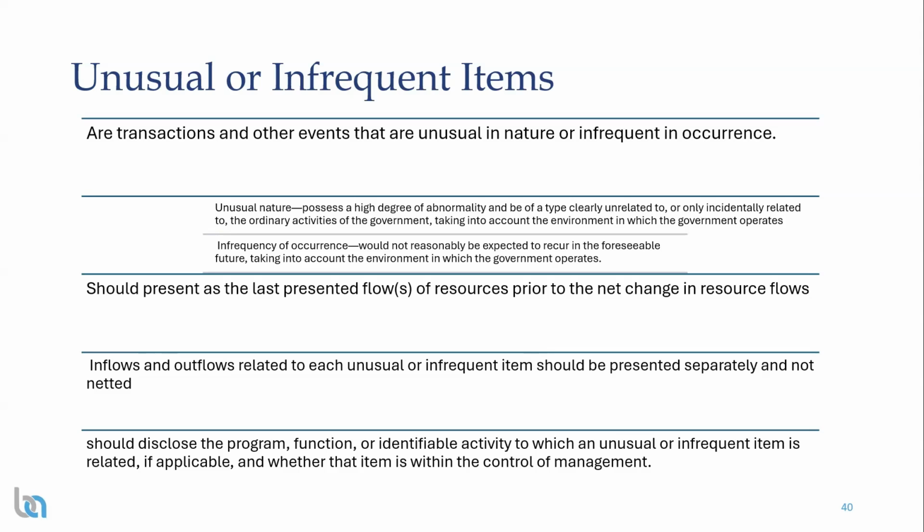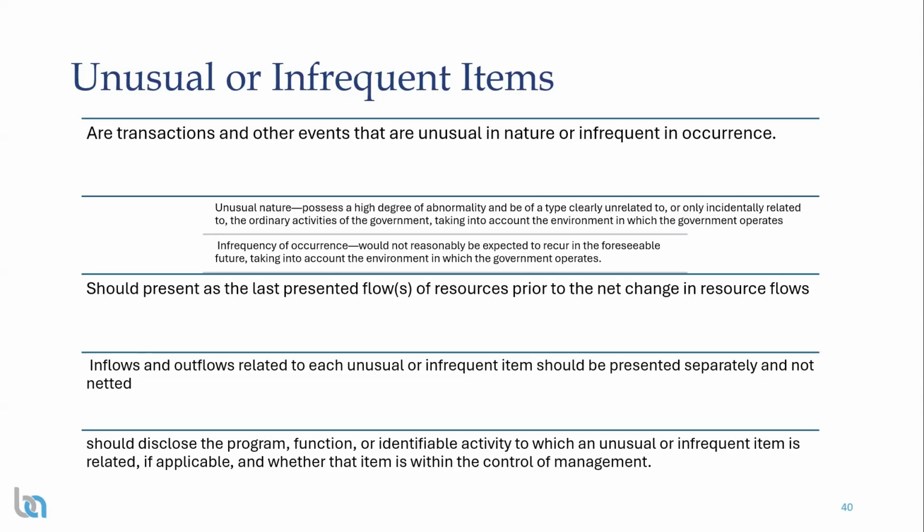If you recall, we used to have what we call special items and extraordinary items. Special items were items under management's control, versus extraordinary, which was not under management control. They both are unusual in nature and infrequent in occurrence.